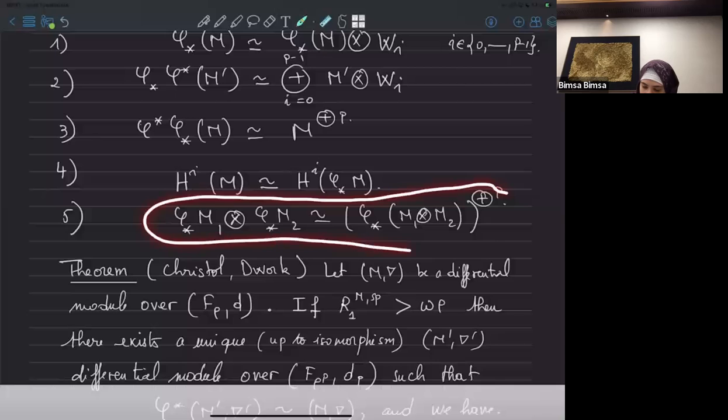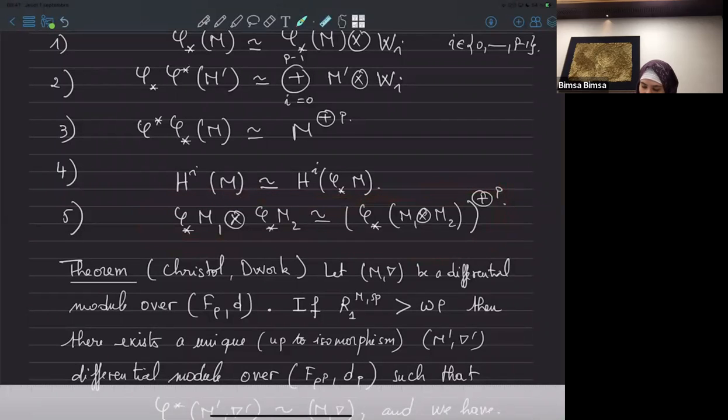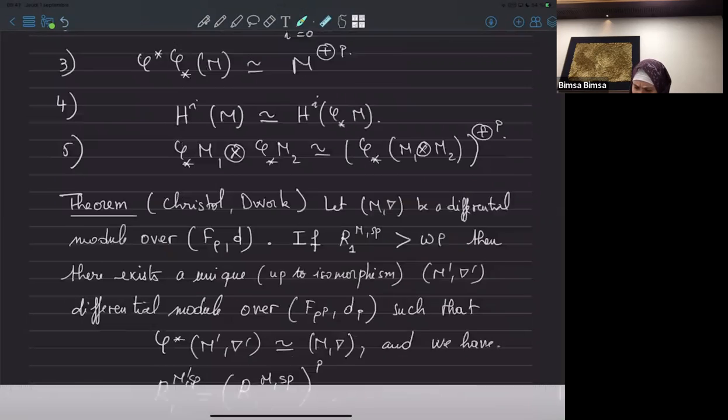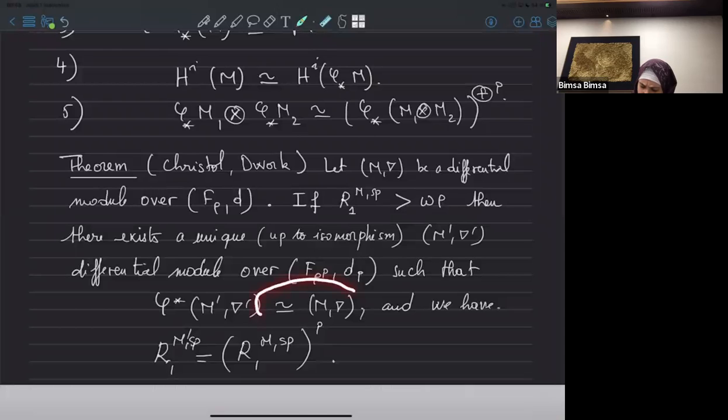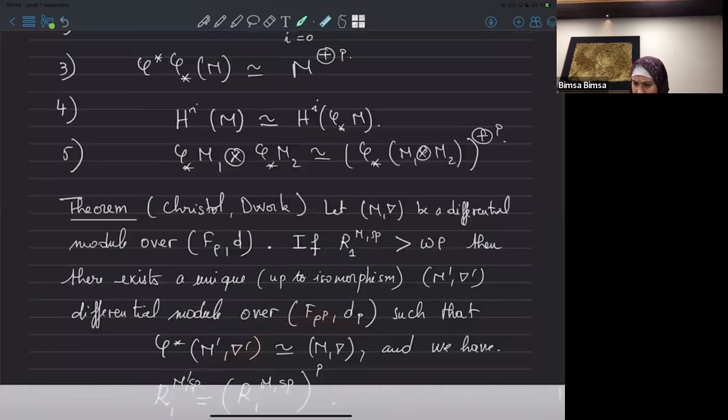Then we need this property, and here we will obtain something nice: a direct sum of an element, the push forward, and here we will get the Frobenius antecedent. This differential module is called the Frobenius antecedent, and you can take this over.